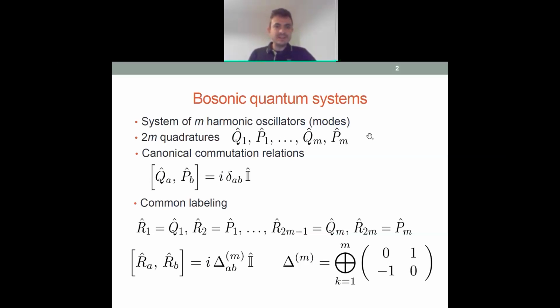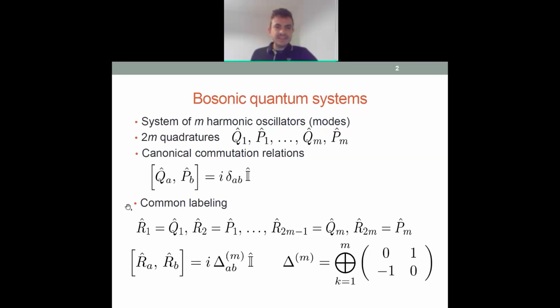To each oscillator, we can associate the quadrature operators, that if the oscillator is like a physical particle, will be the position and momentum operators, labeled with Q and P. Each mode has its Q and its P. And as you probably all know, the quadratures satisfy the canonical commutation relations, that is, the commutator between a Q and the corresponding P is proportional to I times the identity operator.